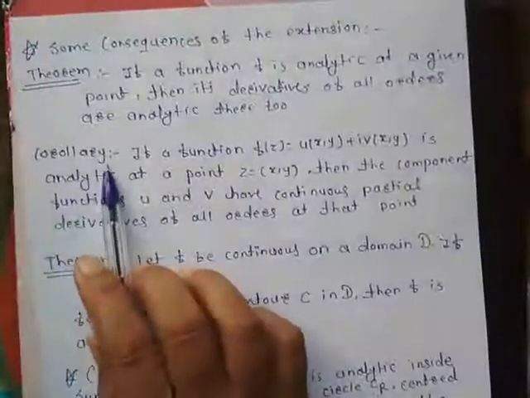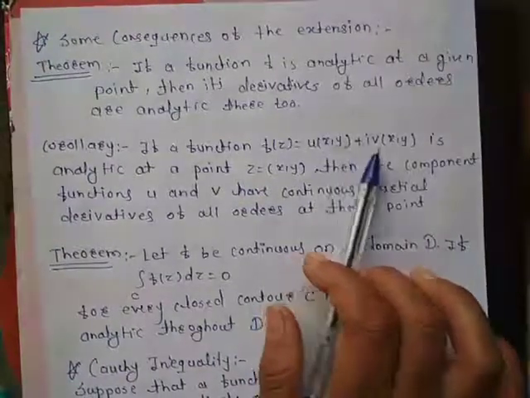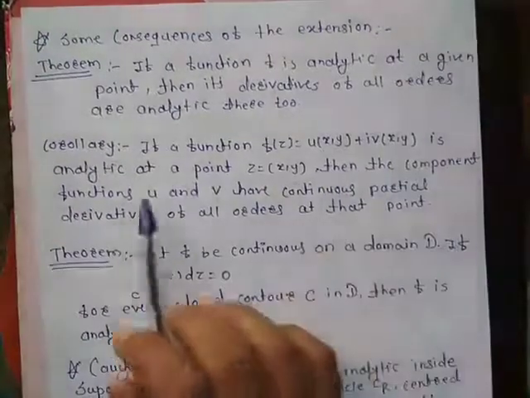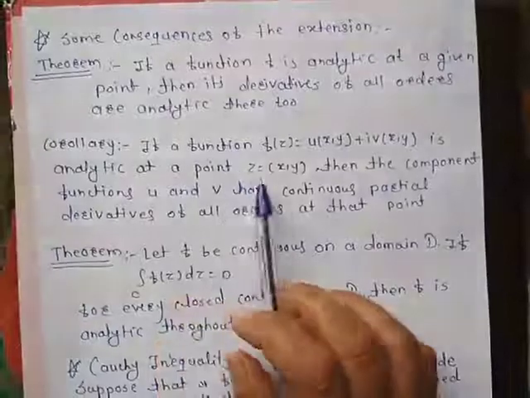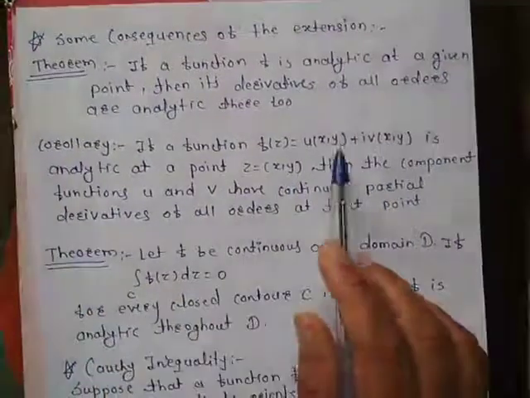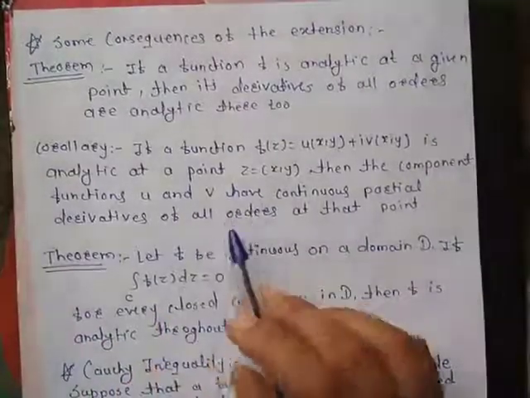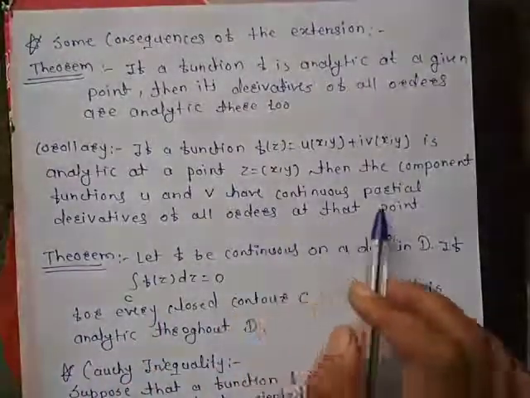Next is a corollary. If a function f of z is equal to u of x, y plus i times v of x, y and is analytic at a point z equal to the ordered pair (x, y), then the component functions u and v have continuous partial derivatives of all orders at that point.